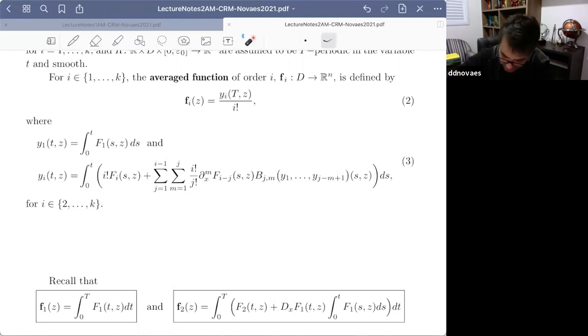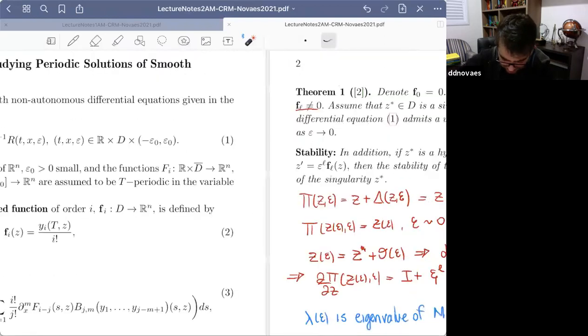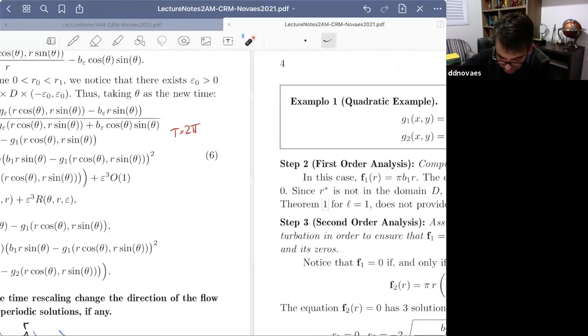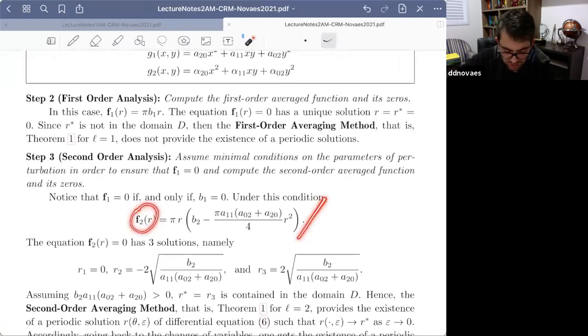But here we can just substitute and compute this integral, and we obtain this expression. So F2 is equal to pi times R multiplied by B2, where the second order perturbation appears, minus a constant that depends on the first order terms of perturbations multiplied by R squared.